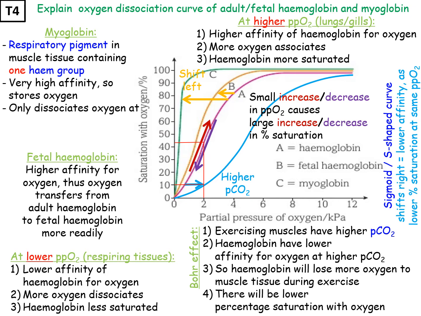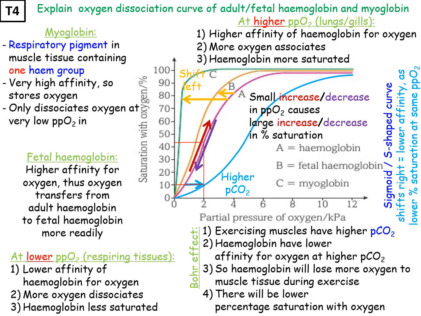That means it will not dissociate oxygen unless there's an extremely low partial pressure of oxygen. If that's the only time it will dissociate oxygen, the vast majority of the time oxygen is associated to myoglobin, and therefore myoglobin acts like a storage of oxygen.